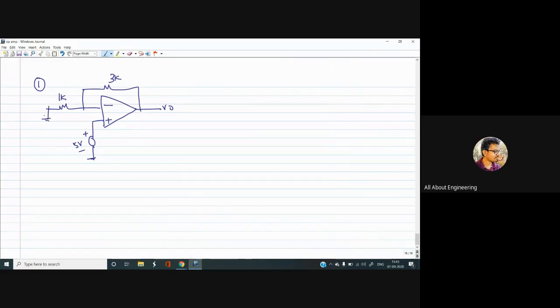Now you tell me the gain of this amplifier and what type of amplifier this is. So that was your first question. And the second question is, you can try the first question. I will write the second question here.